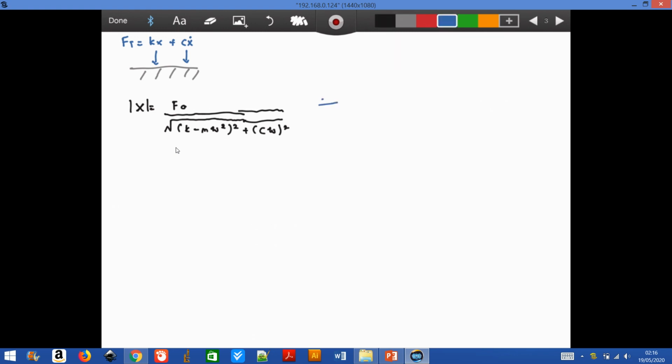Okay, you can refer to this for the amplitude. This is the amplitude for force. If you forget, you can always refer to the chapter 2 lecture notes.